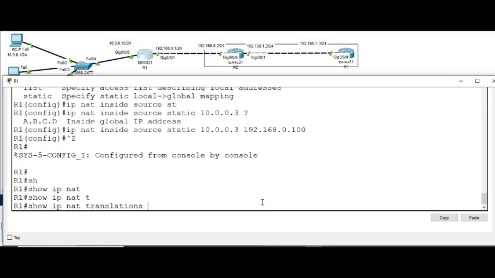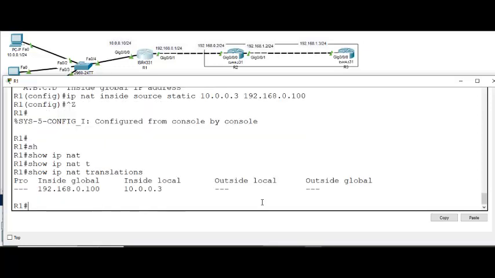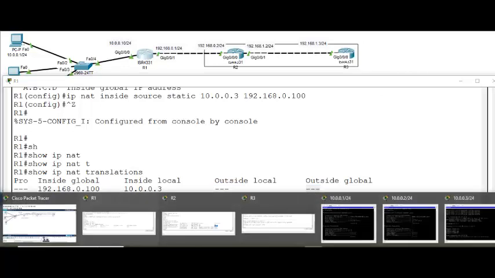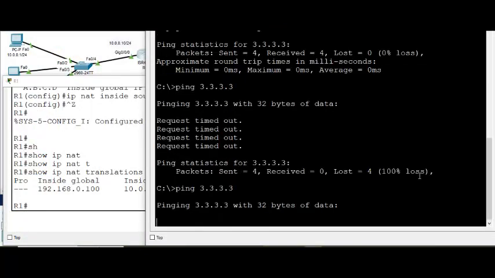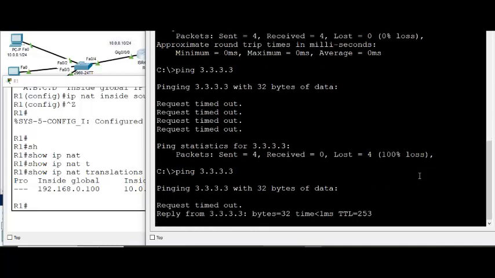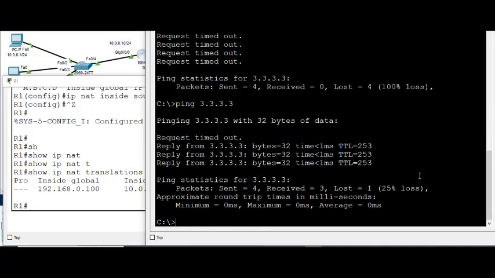Now let us go and ping from that third computer. One or two packets won't get through because the NAT should kickstart. Now you ping again, it will ping without drop. Now check here. How many packets have gone so far? 1, 2, 3, 4, 5, 6, 7, 8 packets.